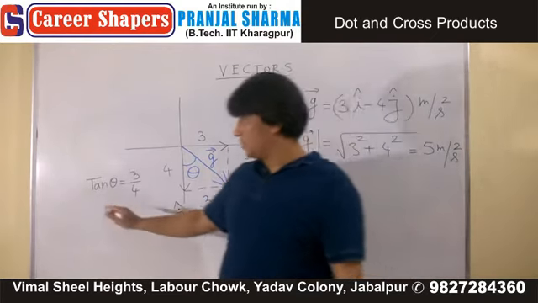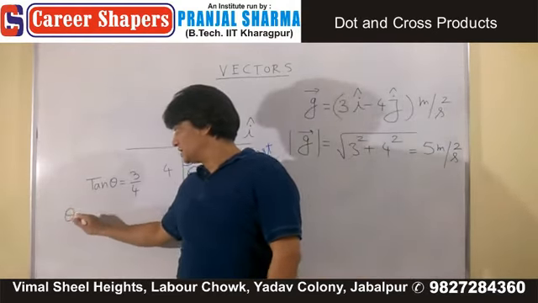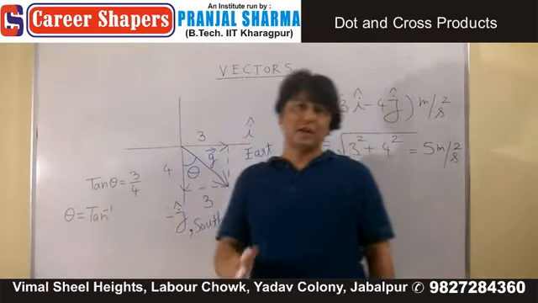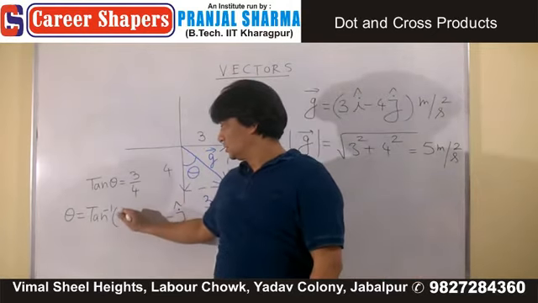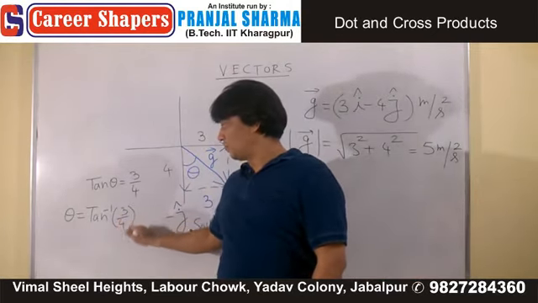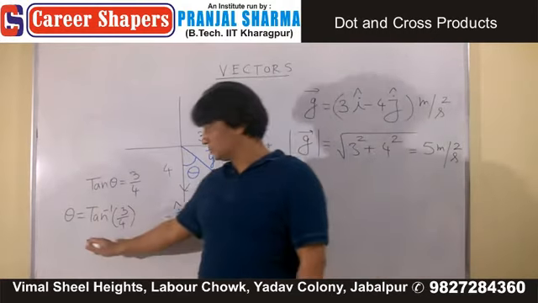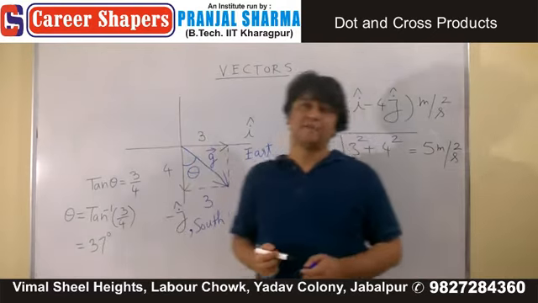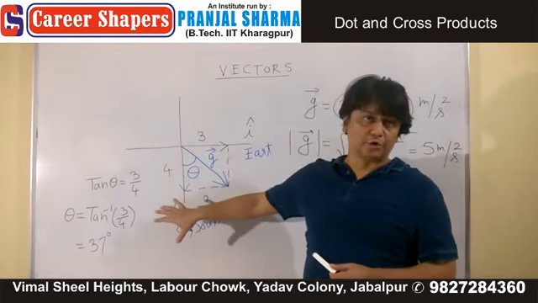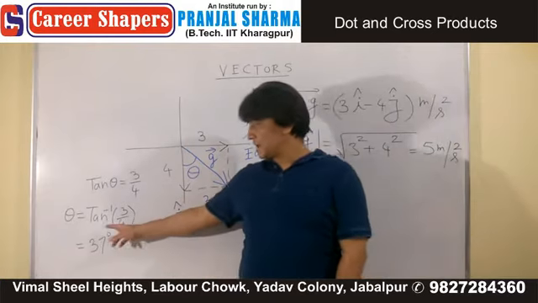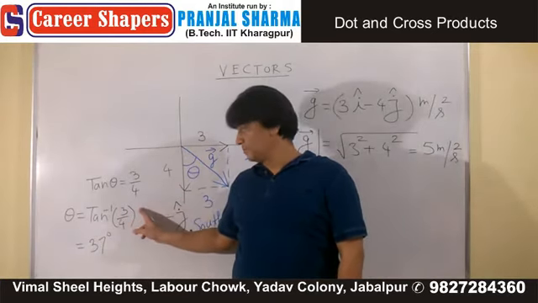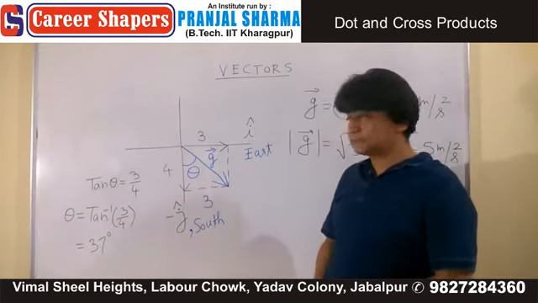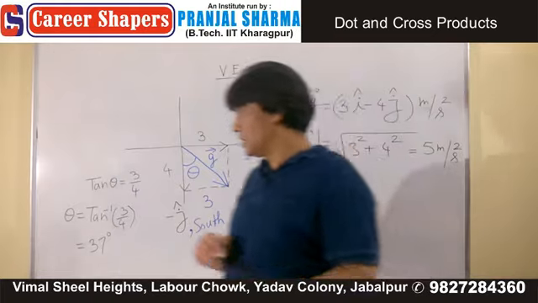This 3 by 4 is basically theta equals tan inverse 3 by 4, which is also called 37 degrees. It's a special value, you can remember it. Whenever you have tan inverse 3 by 4, it gives you 37 degrees. Now, it's not complete yet.